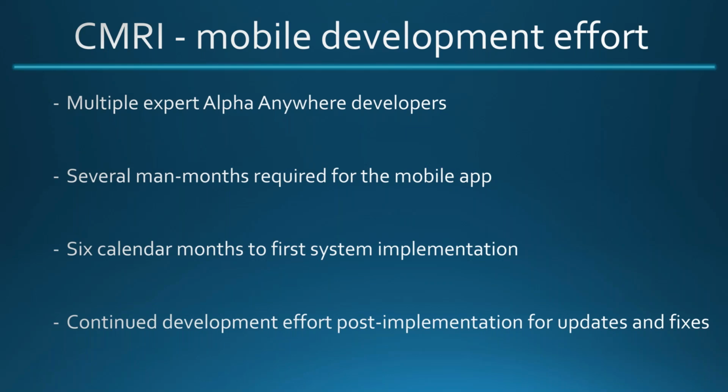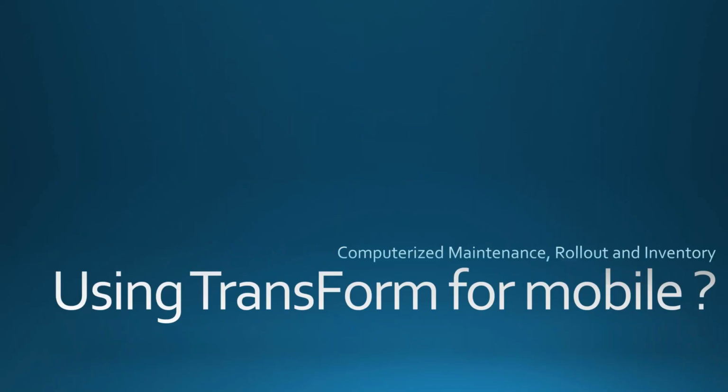Bringing this to today, I'm sure, as I said, that the people that are already aware of Alpha Transform will have already found some similarities of what the CMRI mobile app needed to do, and what was built manually inside Alpha Anywhere to do it, and the kind of things that Transform has been built for, and especially, ideally that data-driven forms part.